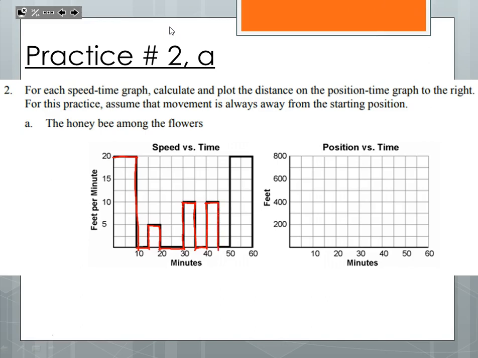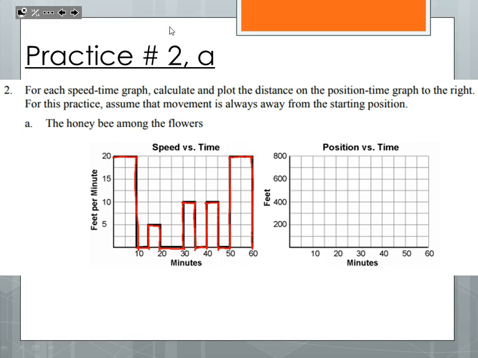He stays on that next flower for 5 more minutes, and then after those 5 minutes, his speed increases to 20 feet per minute for 10 minutes, and then comes to a stop on this final landing place.